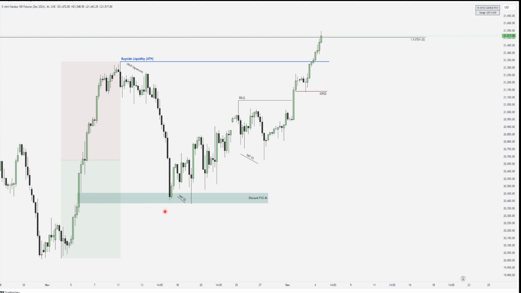So I was watching how price would react off this discount fair value gap, and as seen here, it has SMT shown here, which is that little type of confirmation I'm looking for when price is trading at a key level where I anticipate the market to potentially turn from, which in this case was this discount fair value gap on the 4-hour chart.